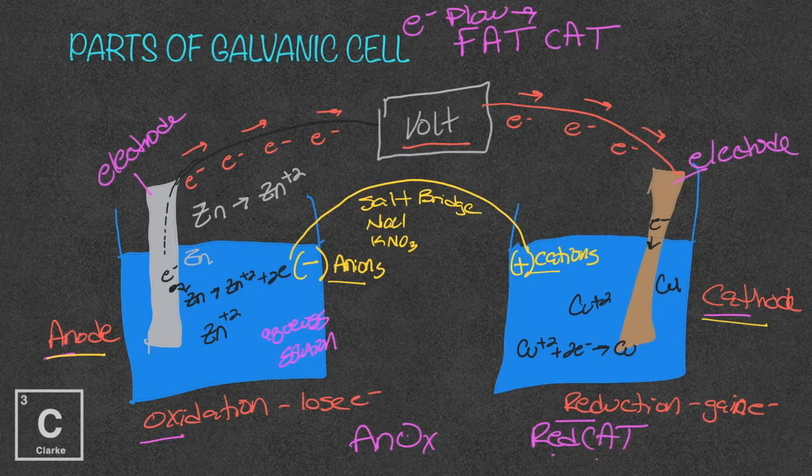Every time one of these electrons comes in, it bonds with one of these coppers to make a copper element, which then sticks onto the electrode. Every time, a little bit more sticks on. So you see how we're putting more copper onto this electrode while we're eating away at this zinc.